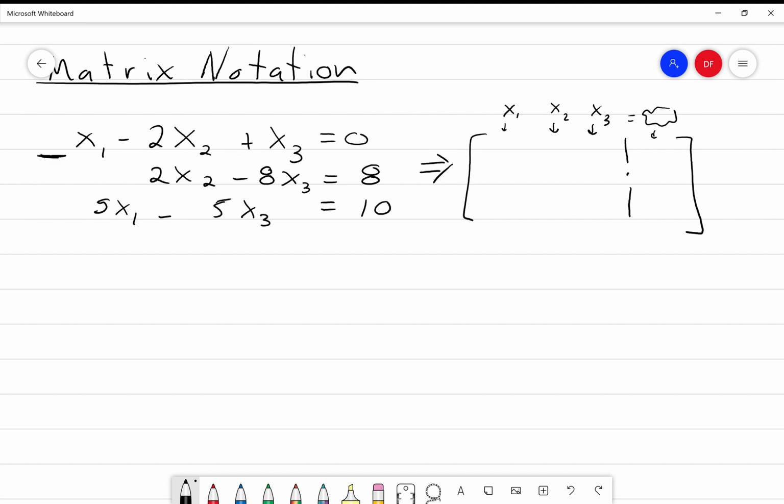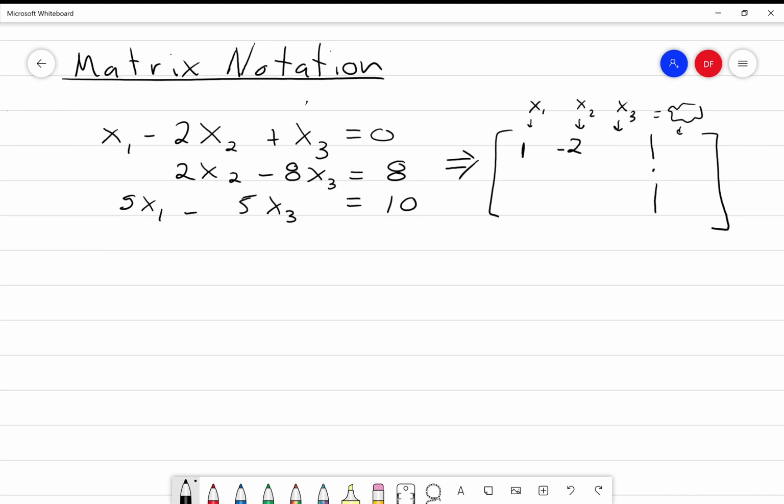What's in front of x1 is a 1. And what's in front of x2 is negative 2. So I put negative 2 here. What's in front of x3 is 1. So I put a 1 here. And it equals 0. So I put my 0 here.